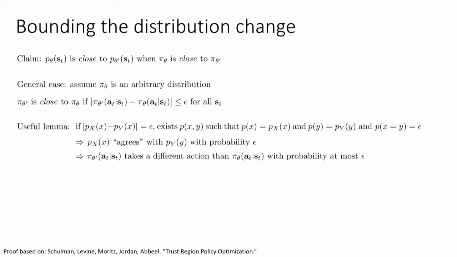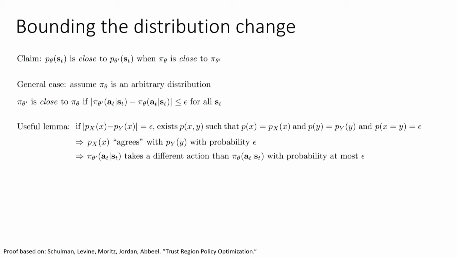But the high-level intuition is that if the total variation divergence of these two policies is epsilon, then they can be said to take the same action randomly with probability epsilon, which is kind of the generalization of the notion of a mistake that we had from the previous slide. So before we said that pi theta prime makes a mistake with probability at most epsilon. Here, same exact thing. Pi theta prime makes a quote-unquote mistake with probability at most epsilon.